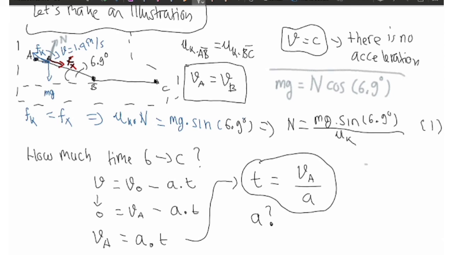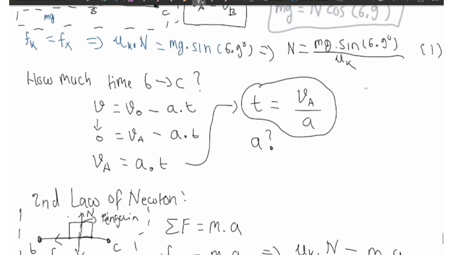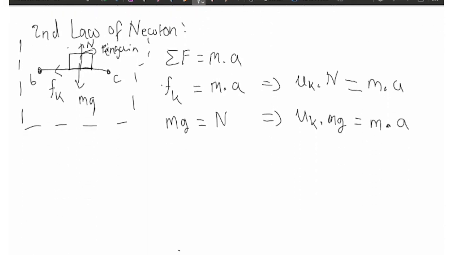We can use this equation to solve for a. We can write mu k times mg, which we substitute with N times cosine of 6.9 degrees, equals m times a.